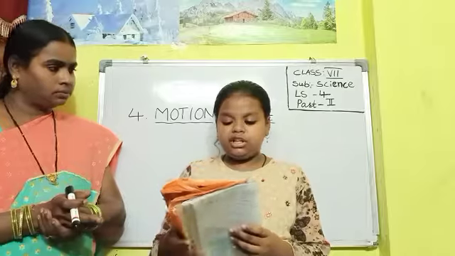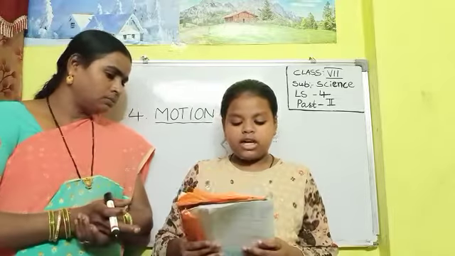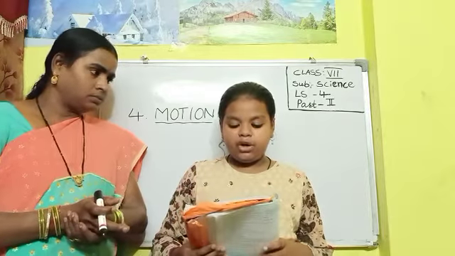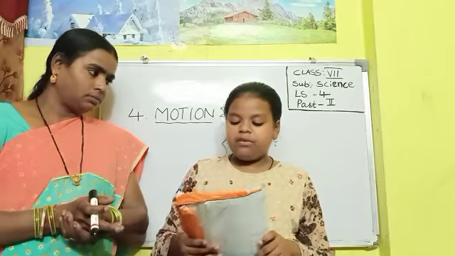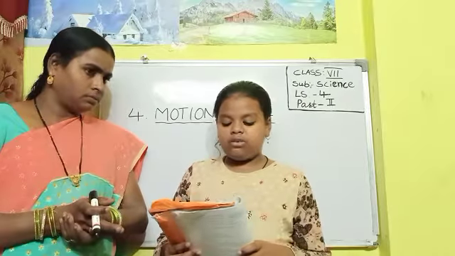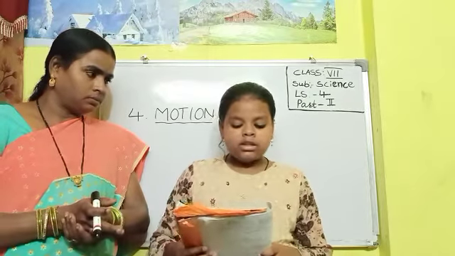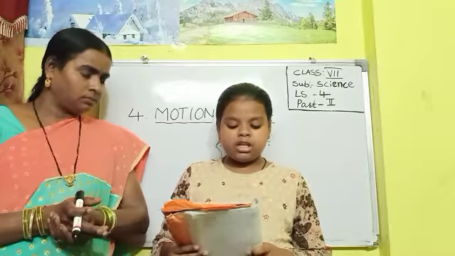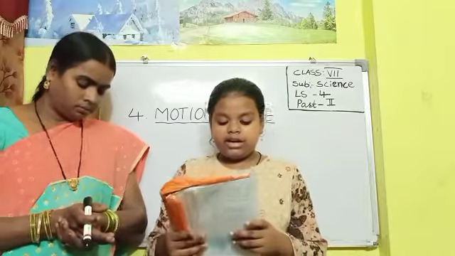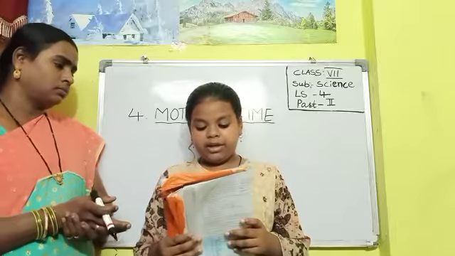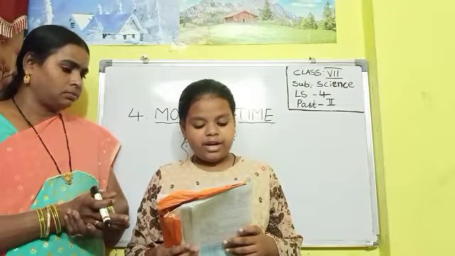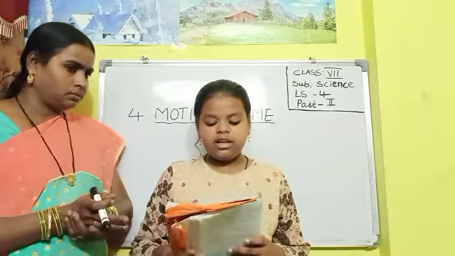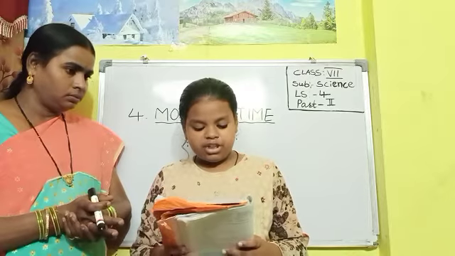Do we need to know about distance covered and time taken by the body in motion to decide whether the motion is slow or fast? Priya, Karthik, Divya and Kiran participated in a 100-meter running race. They took 20 seconds, 22 seconds, 25 seconds and 28 seconds respectively to reach the finishing line.